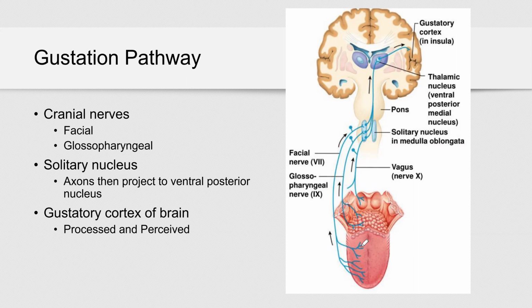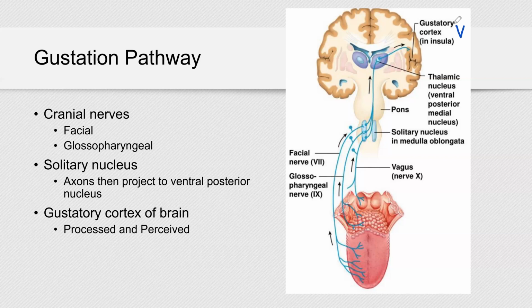But when the receptors are activated, they activate those nerve fibers, and nerve fibers carry action potentials towards your medulla oblongata, then pons, that's a part of the brain. So straight to your brain, thalamus, and then a gustatory cortex.